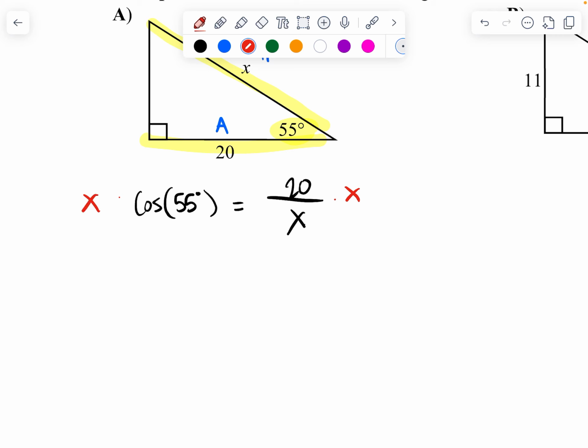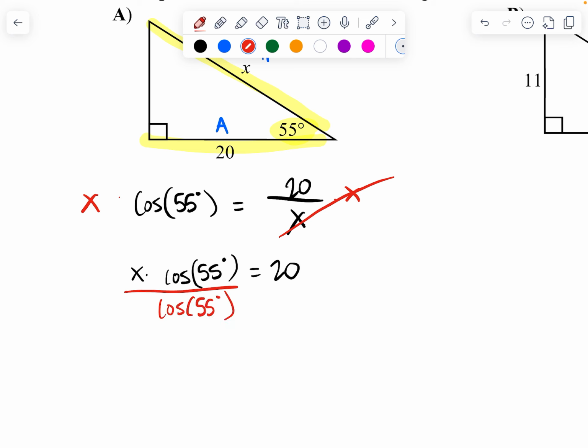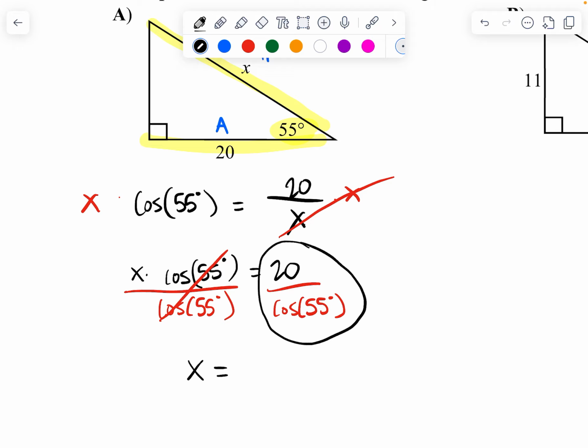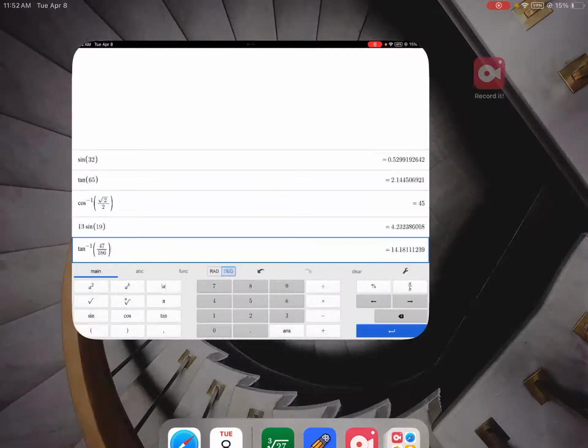I want to get my x alone, so having it in the denominator is not helpful. Then we have x times the cosine of 55 degrees equals 20. Well, we undo that multiplication of x and cosine by dividing. Now, it may look a little weird to write it this way, but we have the same thing over the same thing. That is in essence 1, so that cancels and leaves you with just x. So x equals 20 over the cosine of 55 degrees.